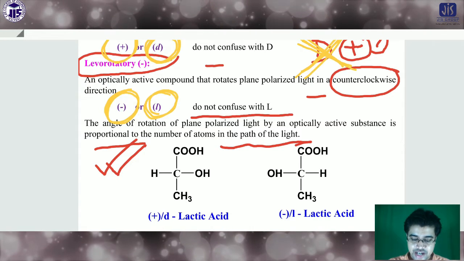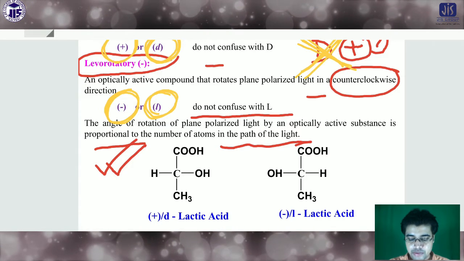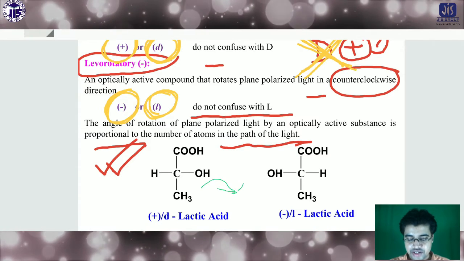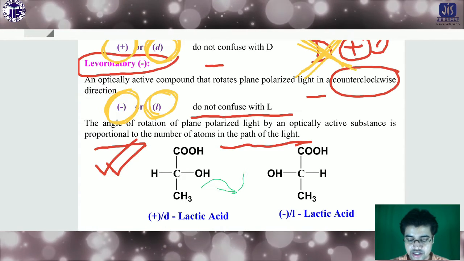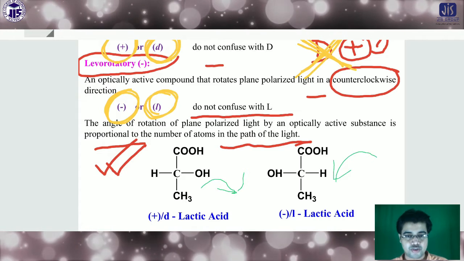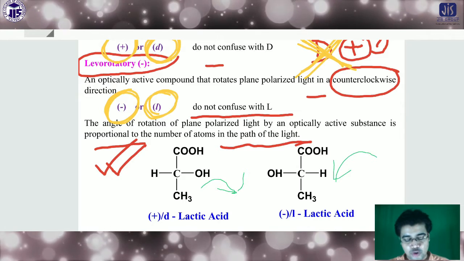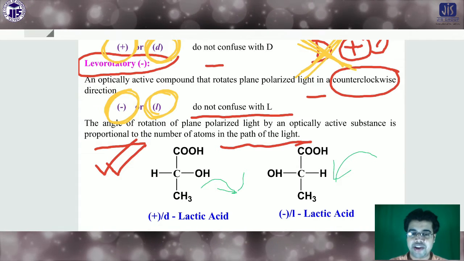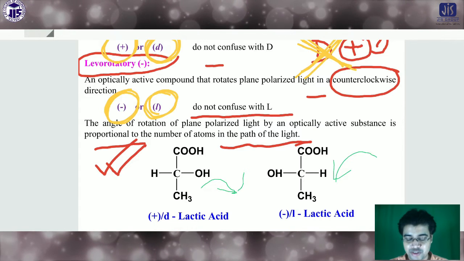The left hand side one is the plus or D, which means it rotates the light in the clockwise direction, and the other one rotates the light in the anti-clockwise direction. So one rotates the plane of the plane polarized light clockwise, the other rotates it anti-clockwise.